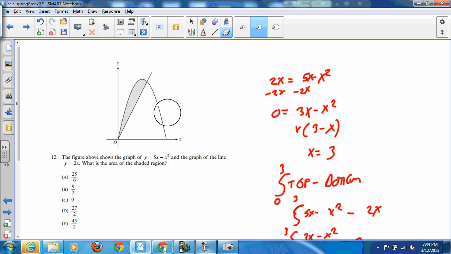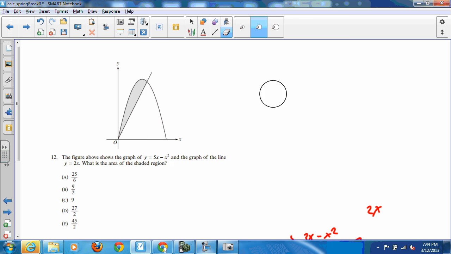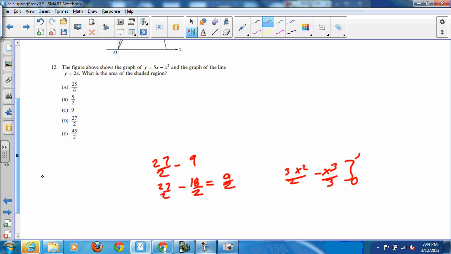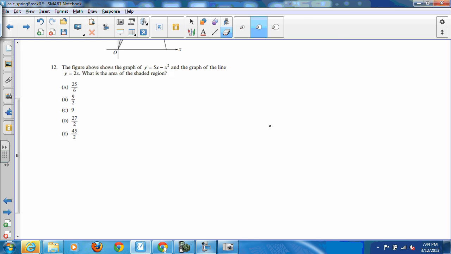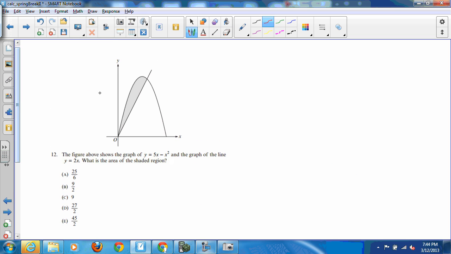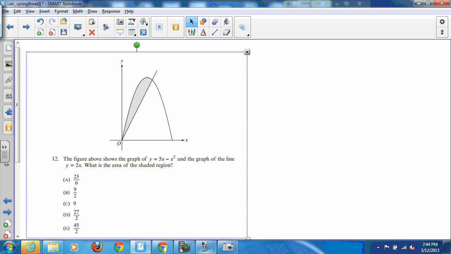Okay. Alright, let me erase my work here. Alright, we have an area problem. Let's see if we can make this a little bit bigger for you.